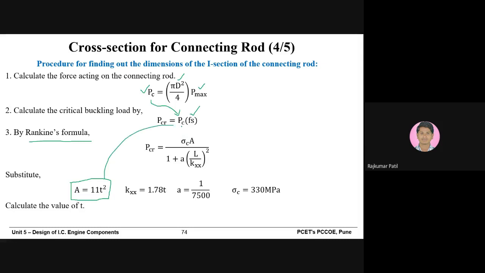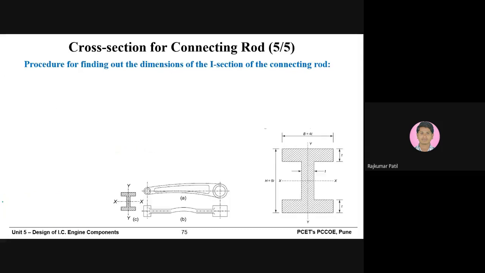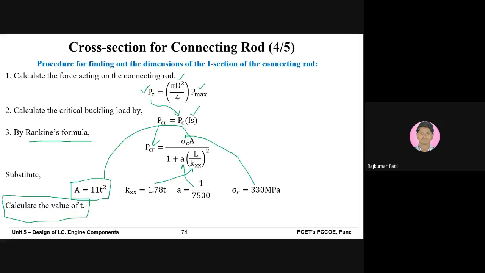So put in this equation, KXX is 1.78T, A is a known constant, sigma C is 330. So if you put all these values in this equation, also PCR, then you will get the thickness of I section. So this is how we calculate thickness.